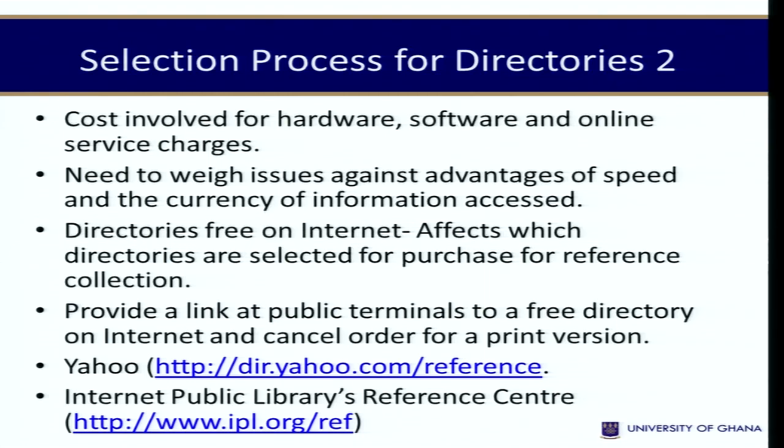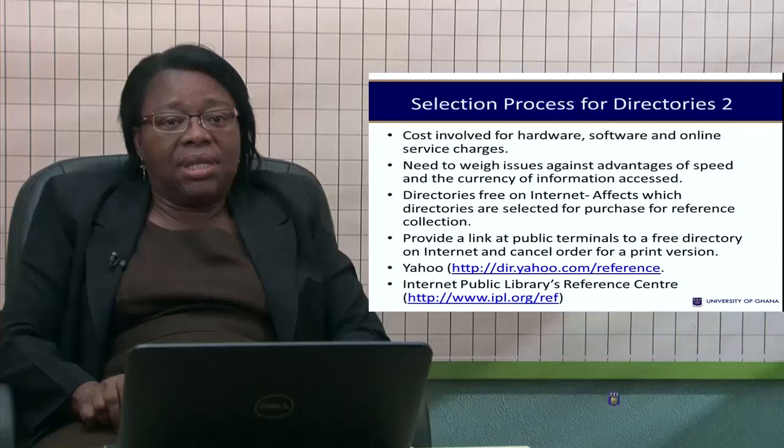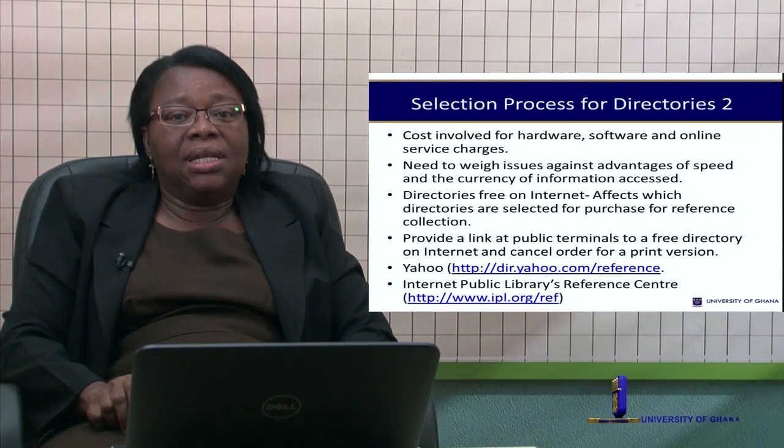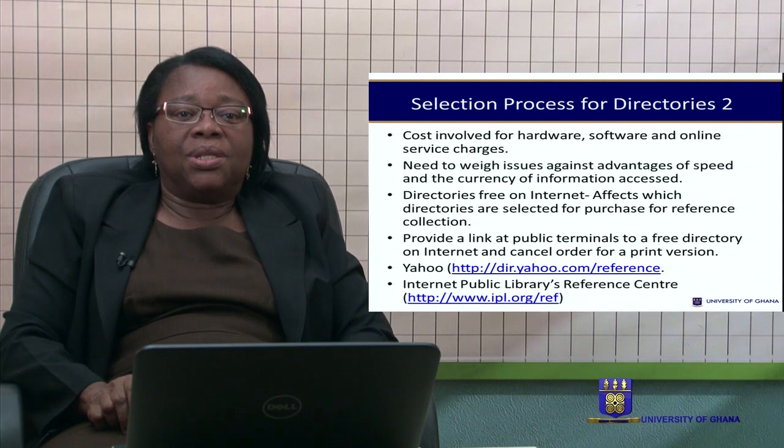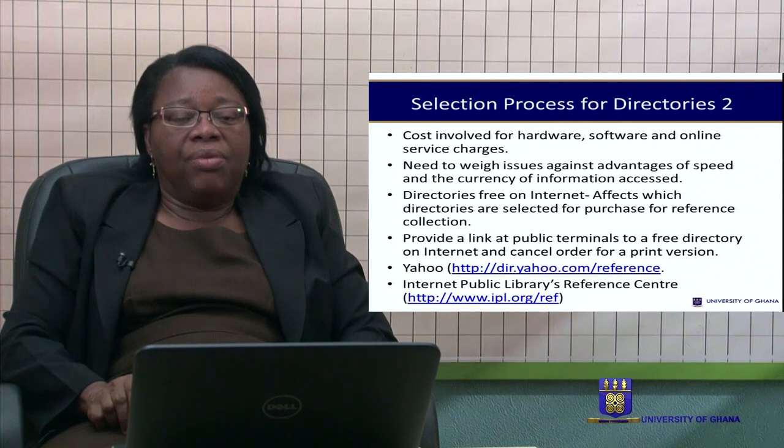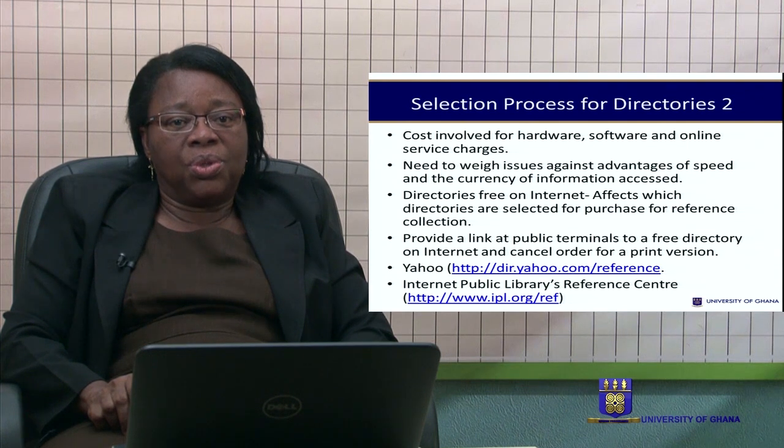Other selection criteria for directories include the cost of hardware, software, and online service charges. I mentioned to you that when it comes to costs in relation to online databases or CD-ROM, it is not just the physical cost of the CD-ROM or online database, but there are other costs, such as the hardware you use, the software you use, and the people that you need to train to help you use all of those.